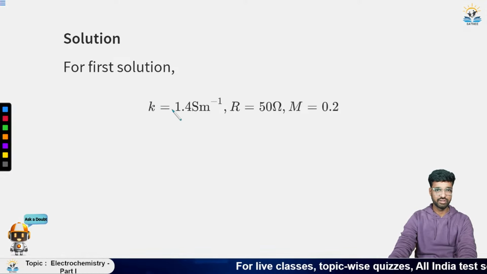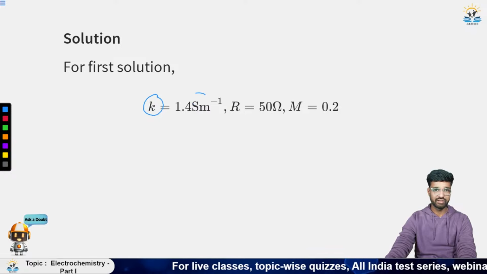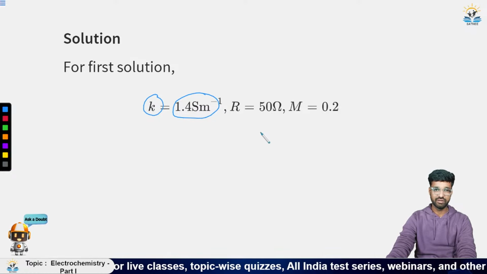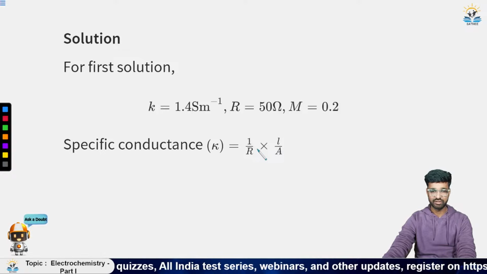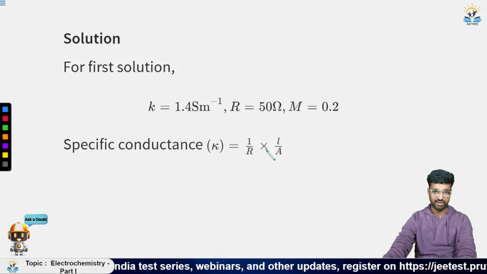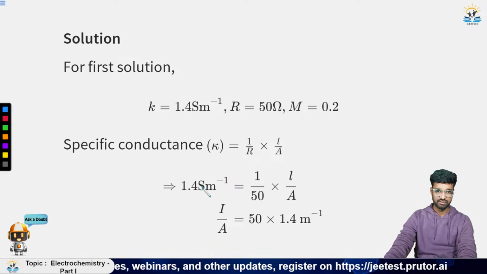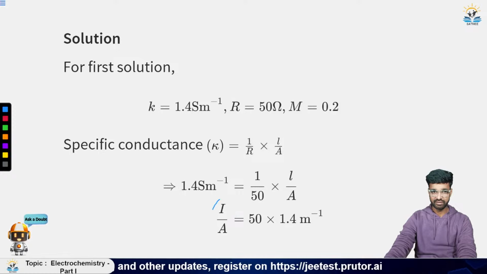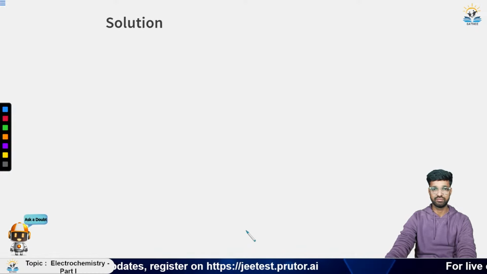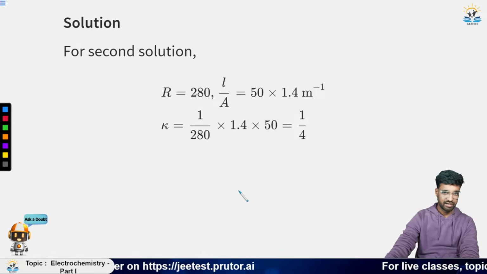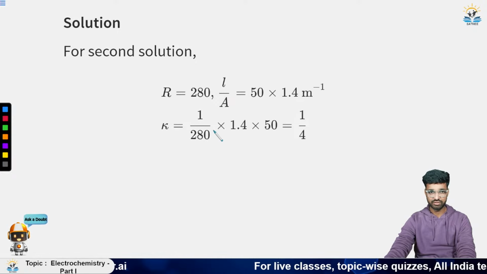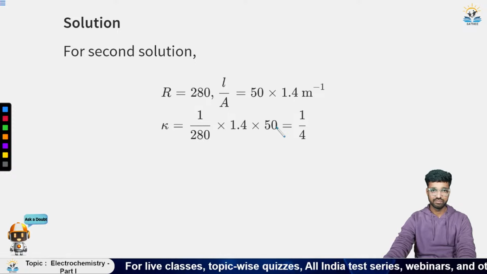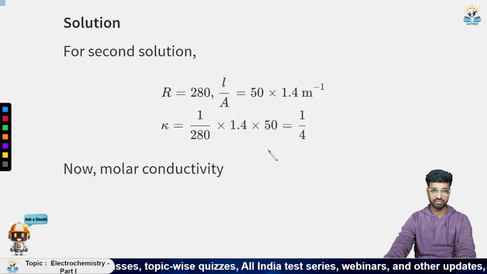Now for the first solution, kappa, R and molarity are given. Specific conductance kappa is equal to 1 by R into L by A. So we put in all this and first find the cell constant. Now for the second solution, we know R, so we calculate kappa here, as we know the cell constant.